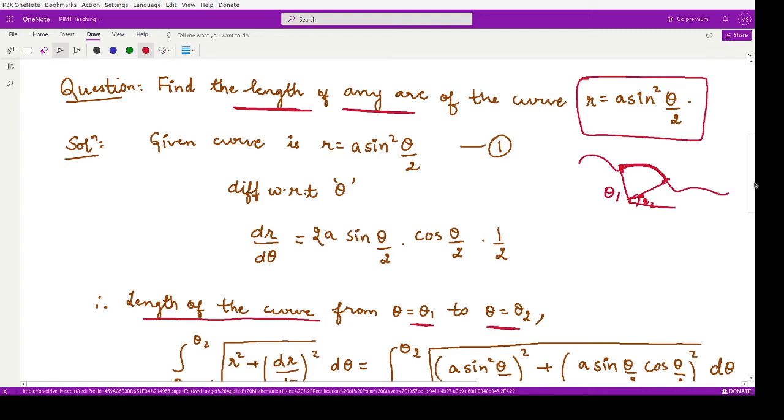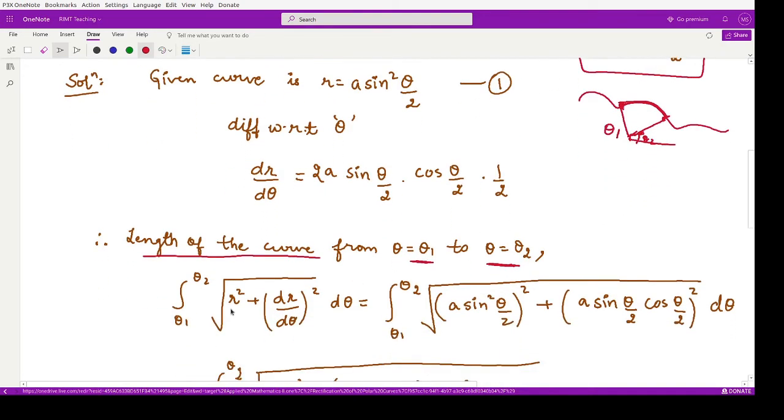In this formula we need the value of r, which is given in the question as a sine squared theta by 2. The value of dr by d theta is to be calculated, which we obtain by differentiating this curve with respect to theta.